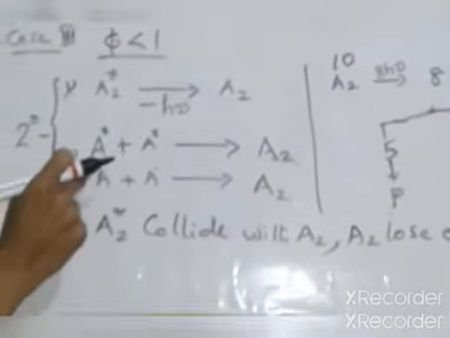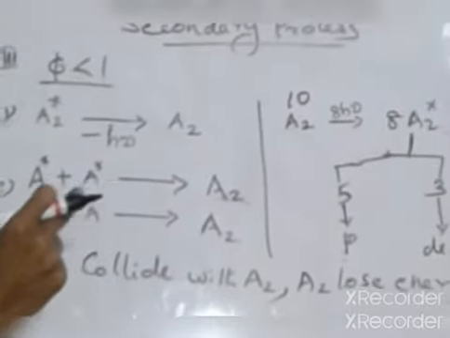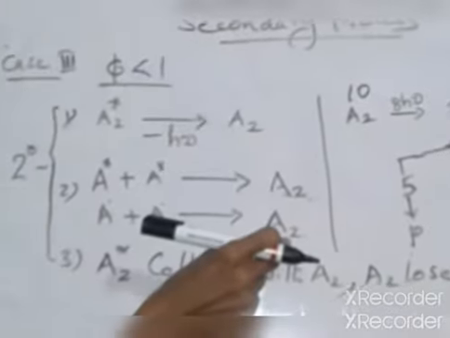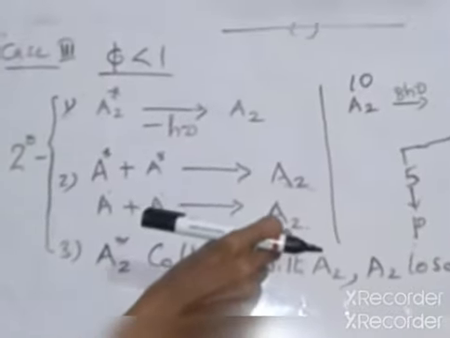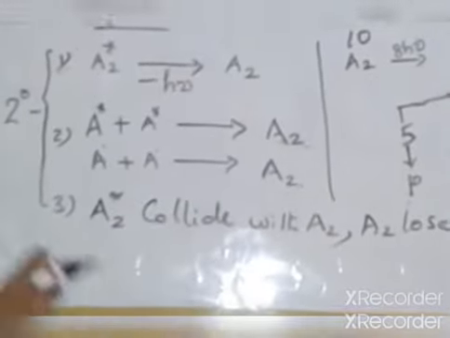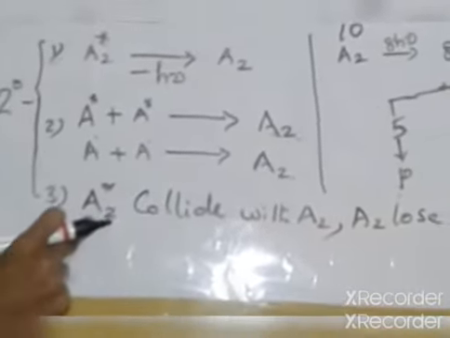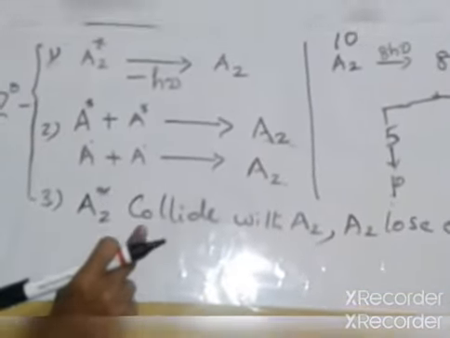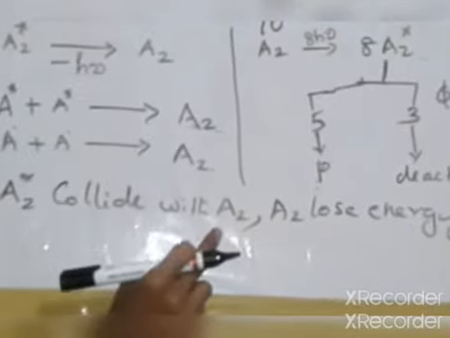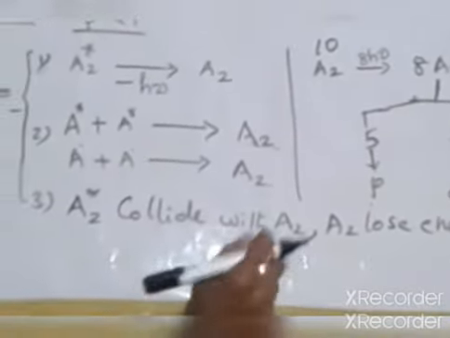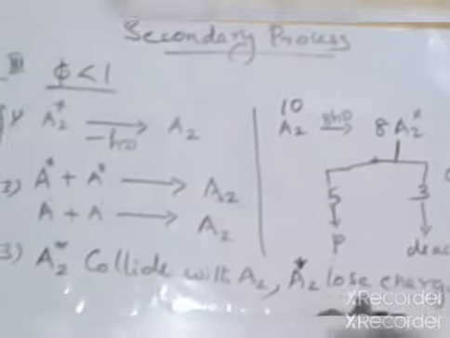Or the activated atoms or radicals combine together to form the reactant in the ground state. Or the A2 star molecule, the excited molecule, may collide with a non-excited molecule present in the reaction mixture, and the A2 star molecule loses its energy.